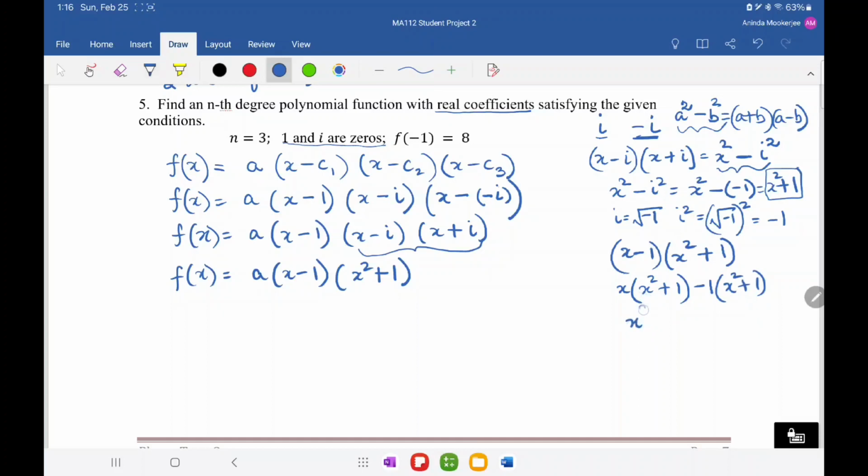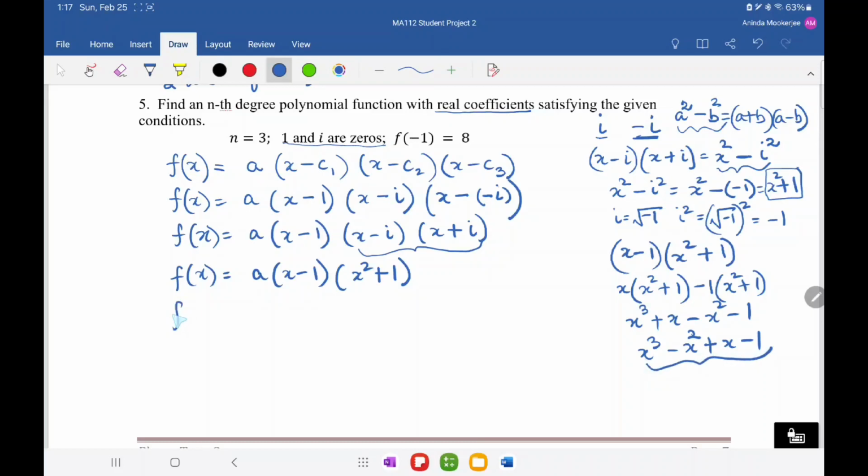Multiply it out, we get x cubed plus x minus x squared minus 1. And now I'm just going to rearrange this in proper polynomial order. So x cubed, bring the minus x squared first, minus x squared before plus x minus 1. So now I have it in polynomial order.